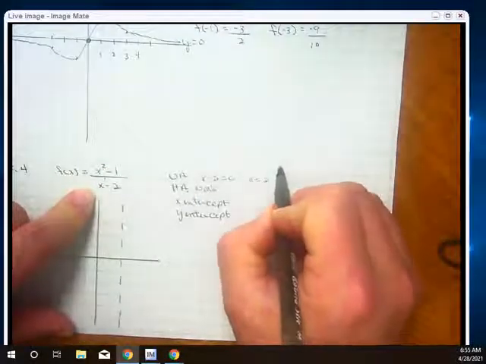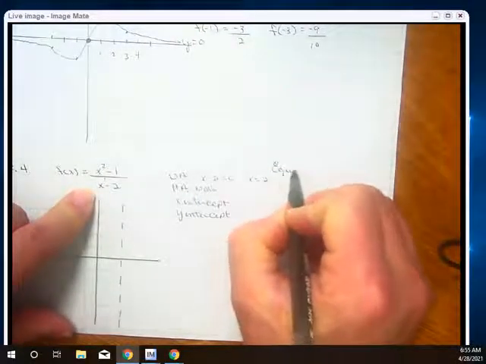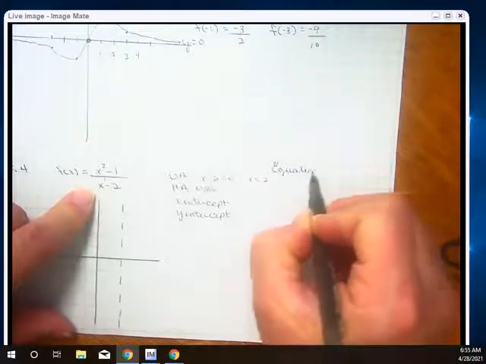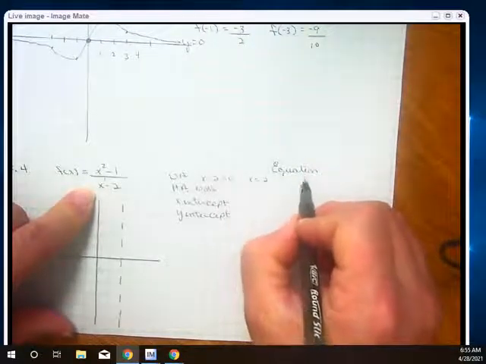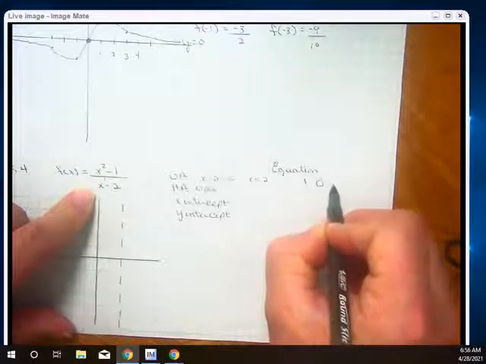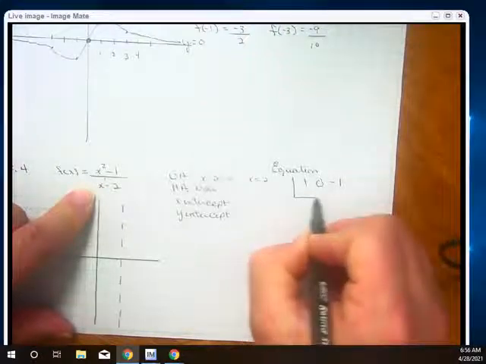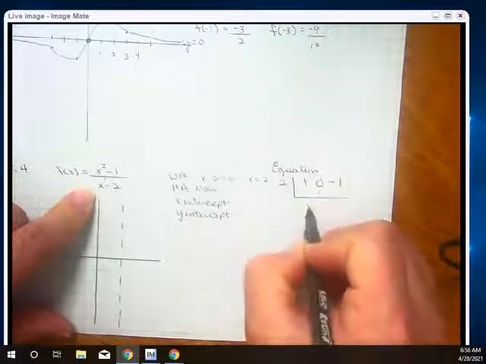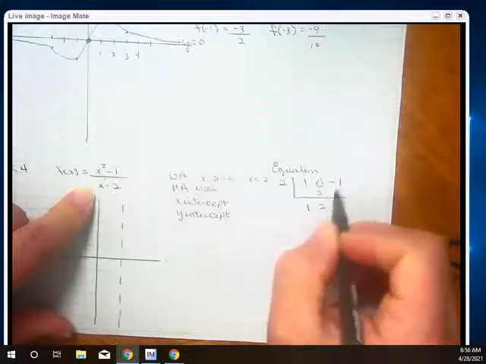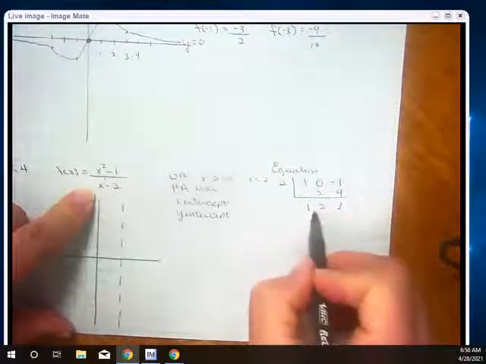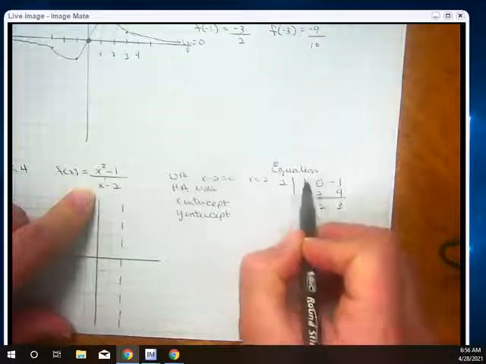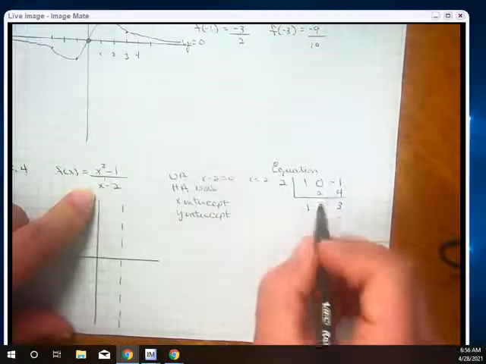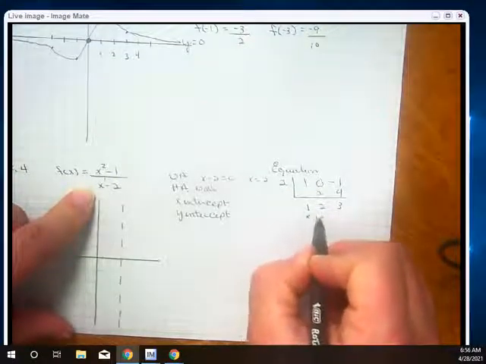And we need to find the equation of that curve. X squared, 0x, minus 1. I'm going to use synthetic division to discover what my equation is. And since this was an x squared and we divided an x out of it, this is x plus 2.